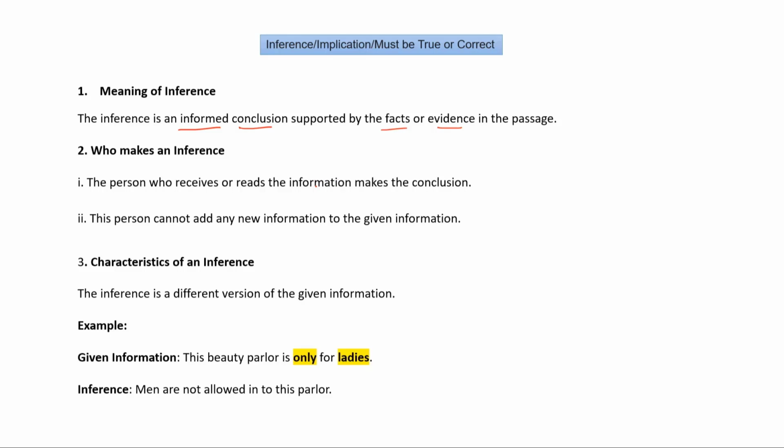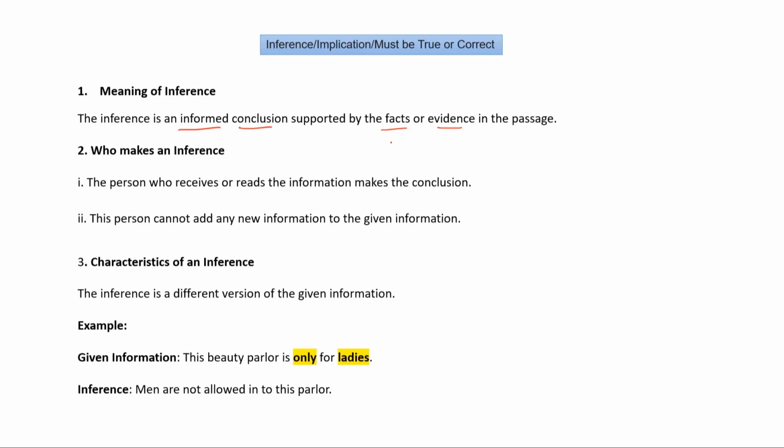Here, the person who receives or reads the information makes the inference or the conclusion. It means if I receive the information or if I read the passage, then I make the inference. Here you have one more point under who makes an inference. This person who receives the information cannot add any new information to the given information.